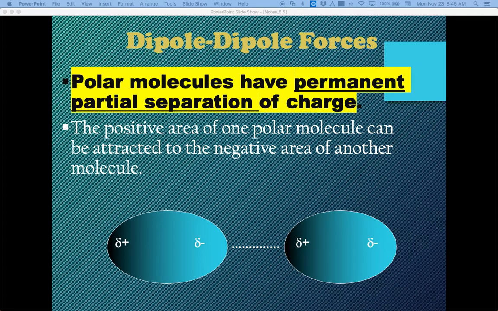In polar molecules, this happens because of the difference of electronegativity, right? The bonds, the electronegative atoms, they're pulling the electrons towards themselves, and that's what creates the unbalance. And so that unbalance is always there, and so that separation of charge is always there, and so those molecules are always tiny little magnets that allow themselves to stick together.